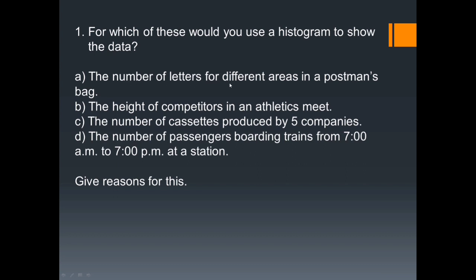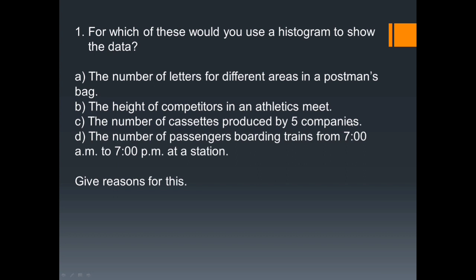So let's see number A, the number of letters for different areas in a postman's bag. This is difficult to represent in a histogram because it cannot clearly use class intervals. Number B, yes, in an athletics meet, the height of competitors can be categorized. So this can use a histogram.